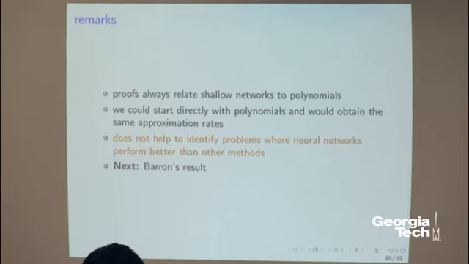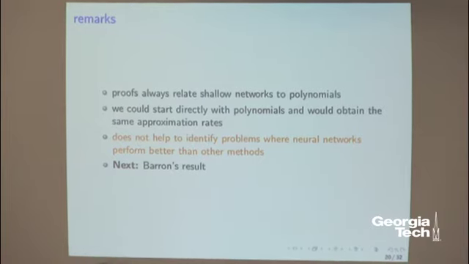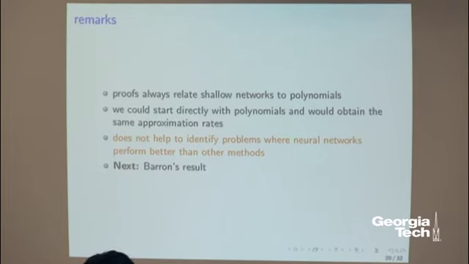Based on these proofs that I presented to you, there's nothing you can say against just doing polynomials directly. The only thing that comes now is Barron's result, and this is a result where the proof is not done via approximation by polynomials.